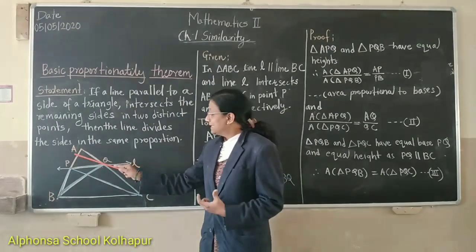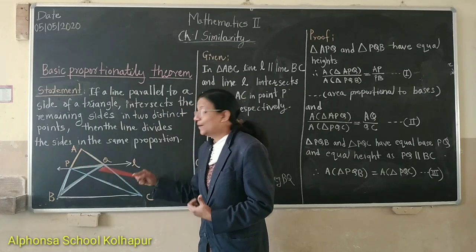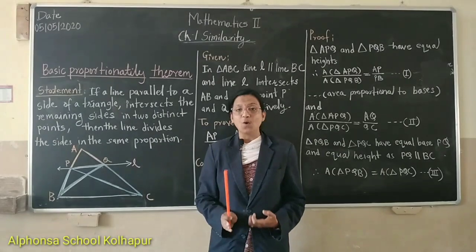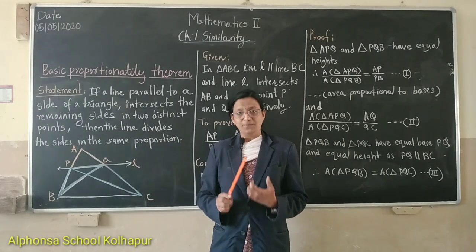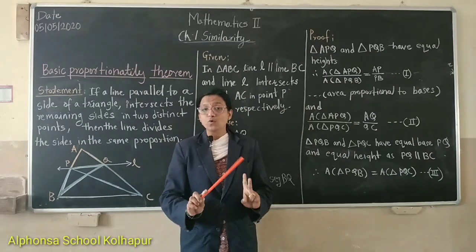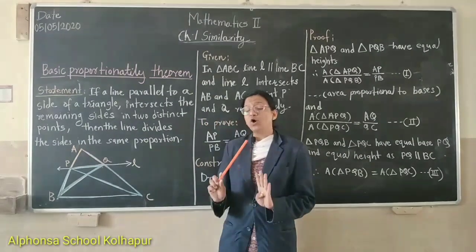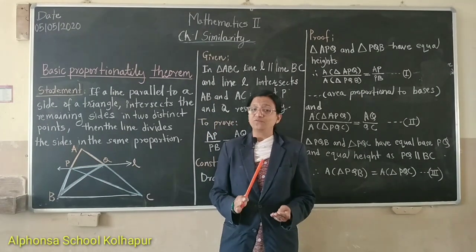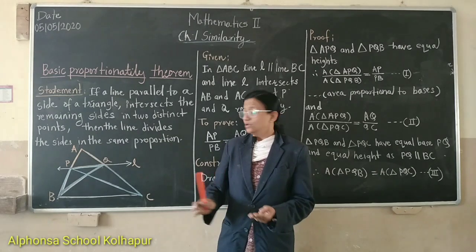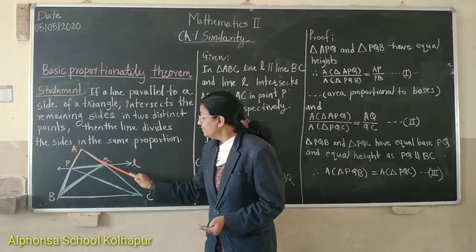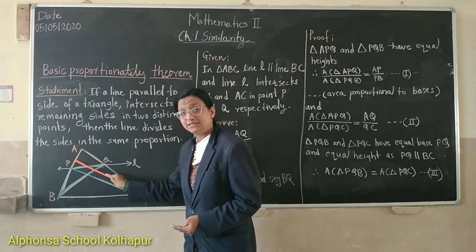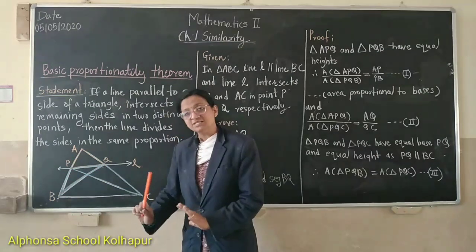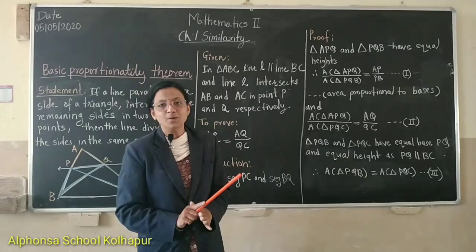In short, they both have a common height, and we know one property: if two triangles have a common height, the ratio of their areas will be equal to the ratio of their corresponding bases. So for these triangles, if we consider this imaginary height common, then the bases will be AP and PB respectively. So let us start writing the proof.